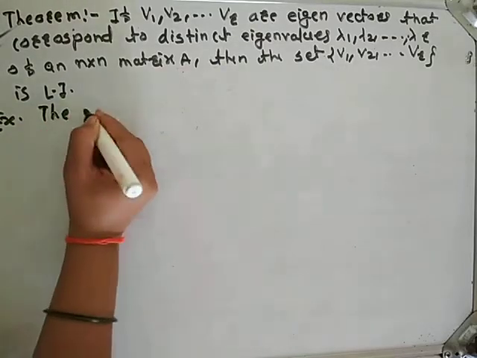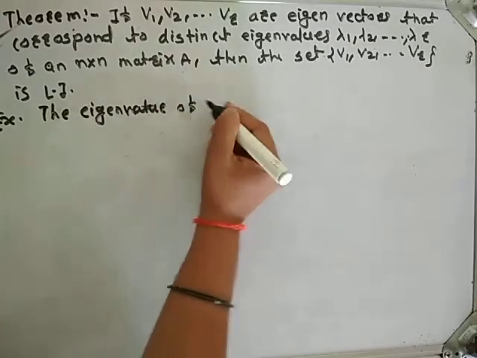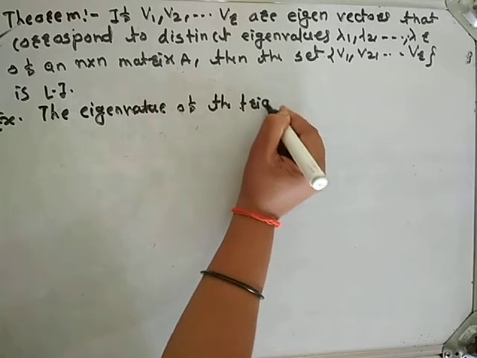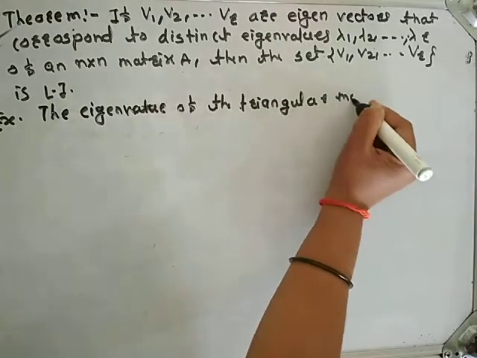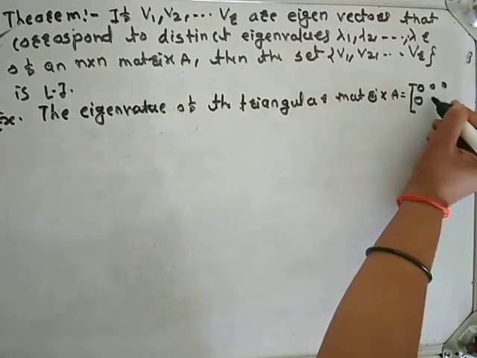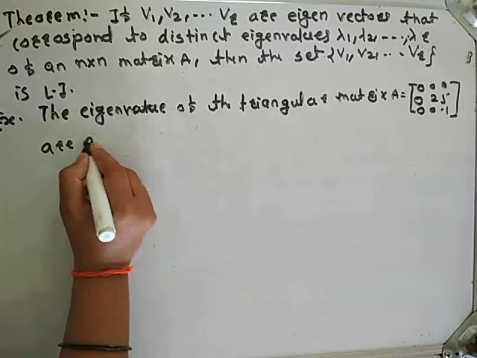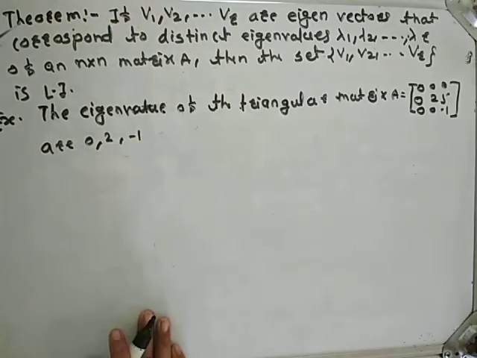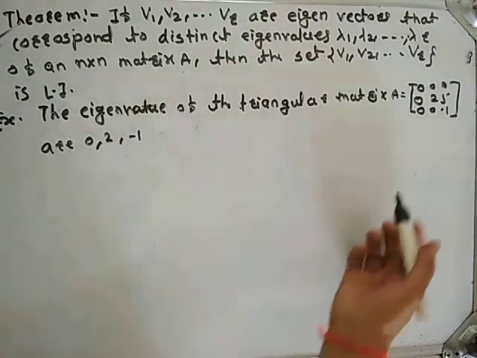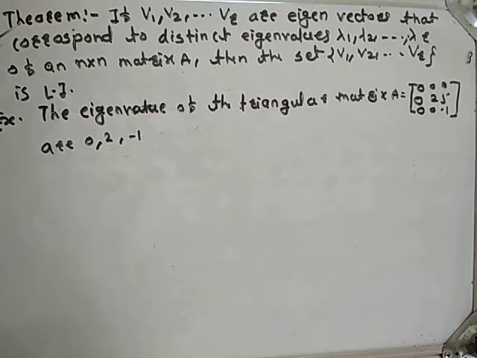Example: the eigenvalues of the triangular matrix A is equal to matrix 0, 0, 0, 0, 2, 5, 0, 0, minus 1 are 0, 2, comma minus 1, obviously, because this is an upper triangular matrix.